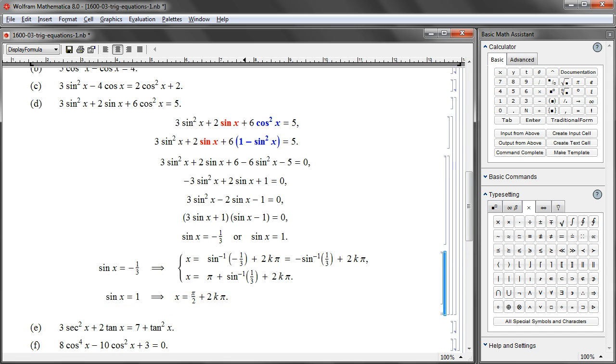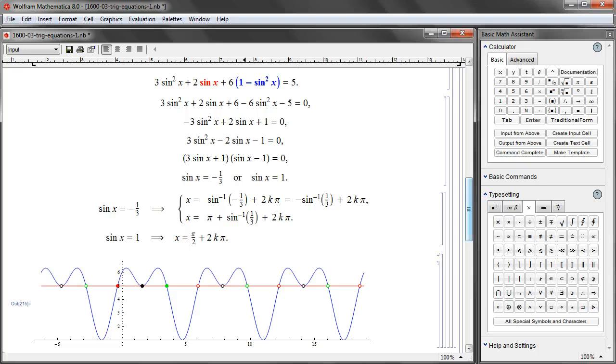And here is the visualization. The red dot and green dot represent the standard solutions, one given by arcsine, and then pi minus of that, represented as solid red dot and solid green dot, respectively.